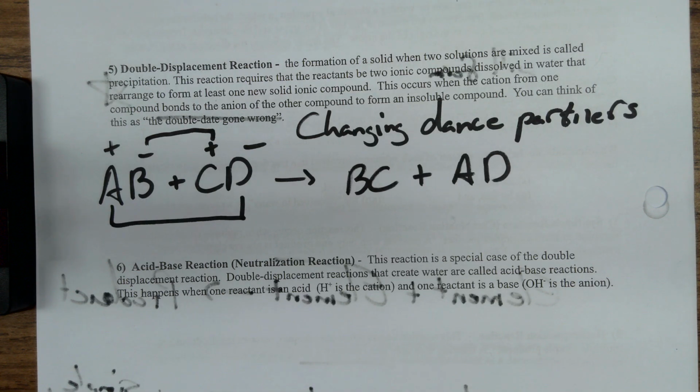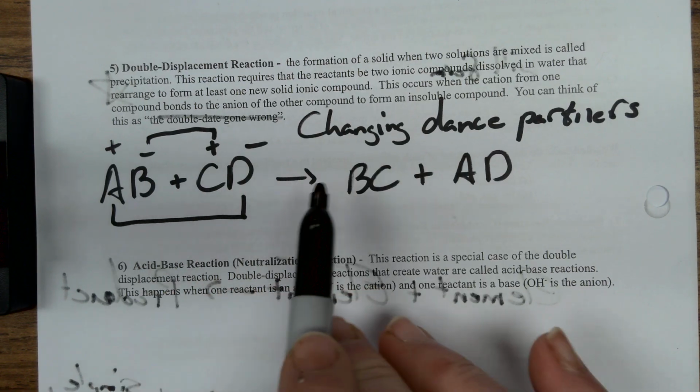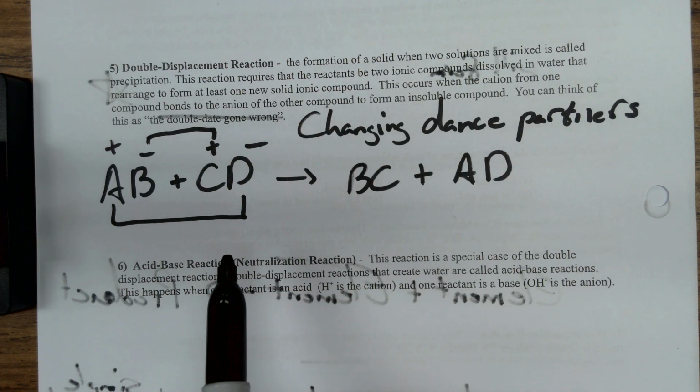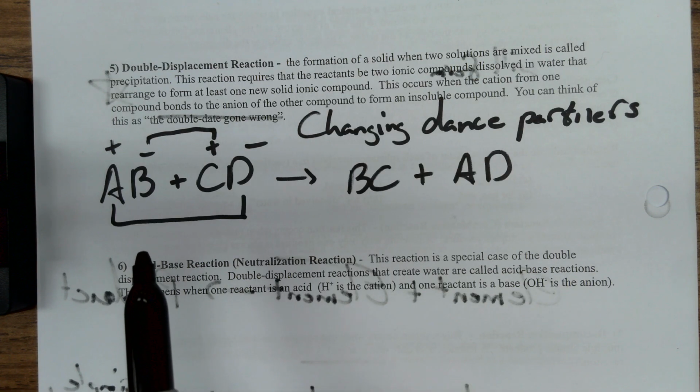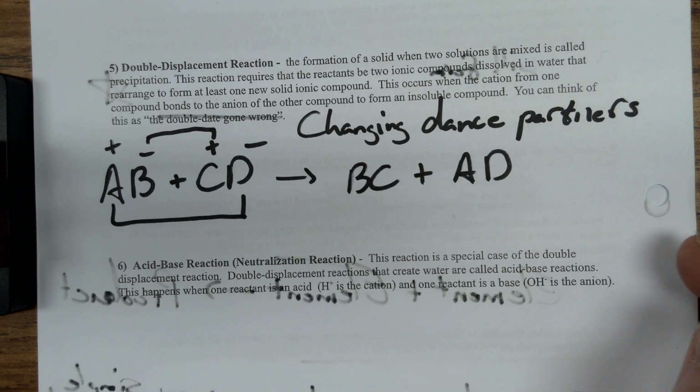Because they're both positively charged, they're going to repel from each other. So I will never see a combination of A and C. Same reason why I won't see a combination of B and D. They're both negatively charged. They're going to repel from each other. All we're doing is changing those dancing partners.